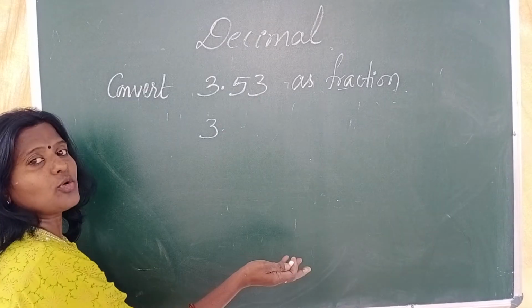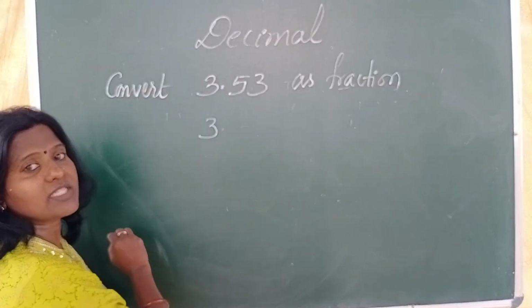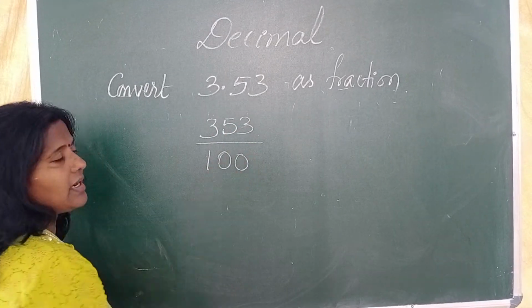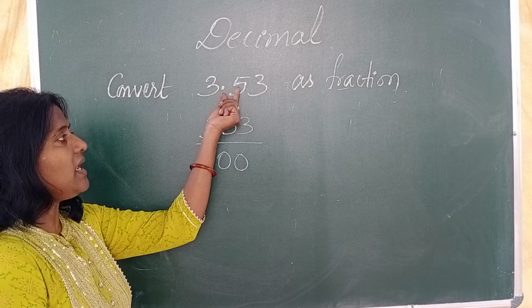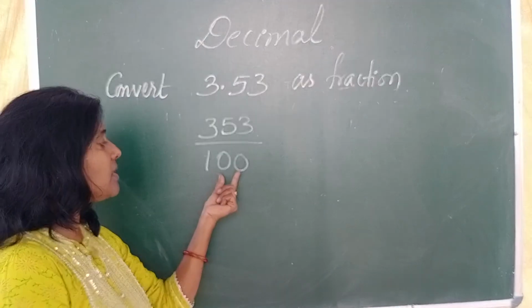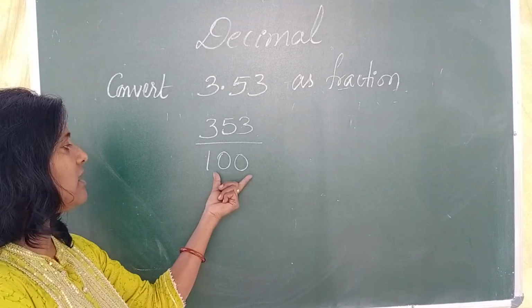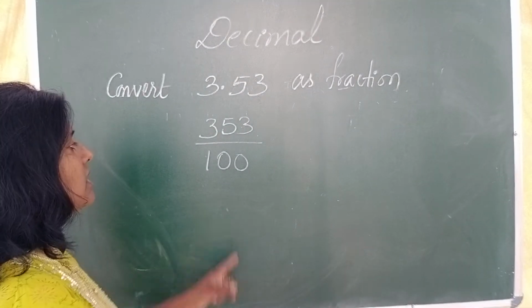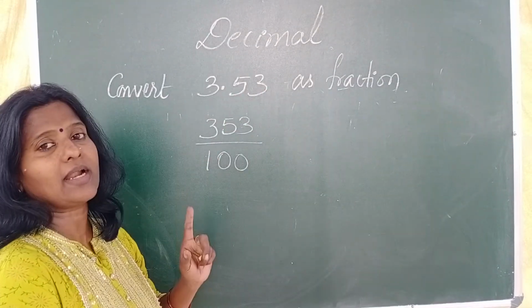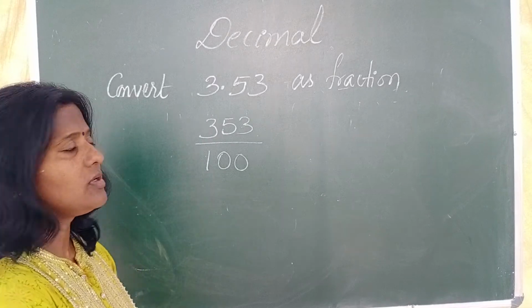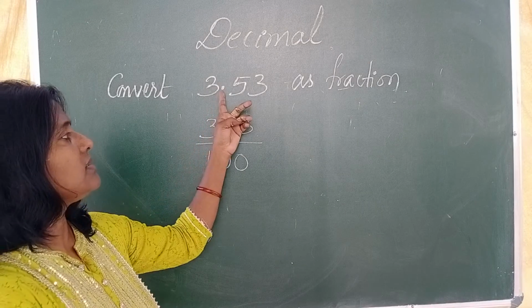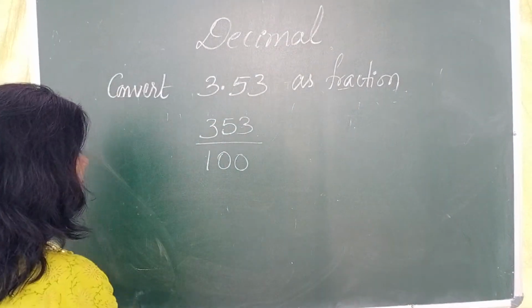Those many zeros you have to put in the denominator, and you have to remove the decimal point. So 353 divided by 100. That's all. Count how many numbers are after the decimal point, and put those many zeros in the denominator. So 353 divided by 100. Here there are two numbers, so that many zeros go below, then remove the point. So this is the easy way to convert decimal to fraction.